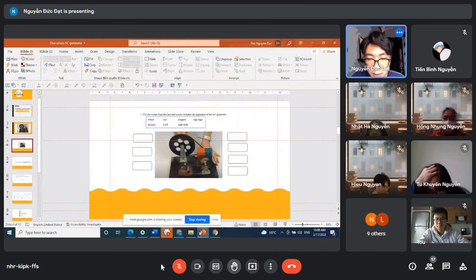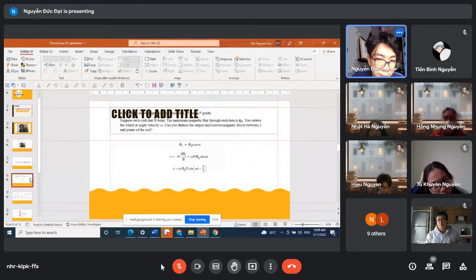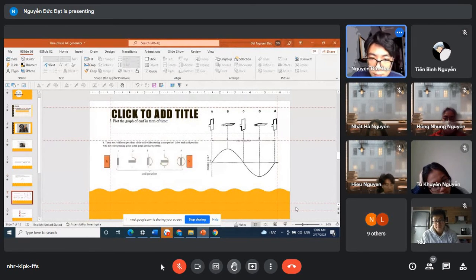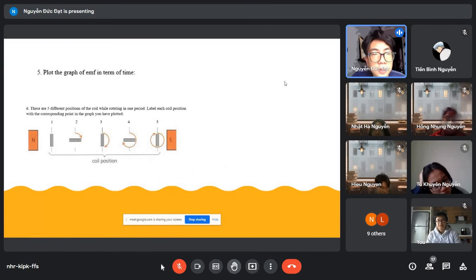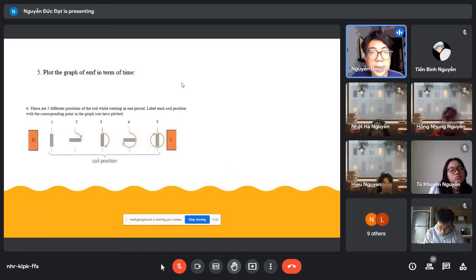So let's look at the slide. Firstly, we are going to talk about the electromotive force produced by the system. Here we have the rotor, which is a coil, right? And the stator is a magnet.